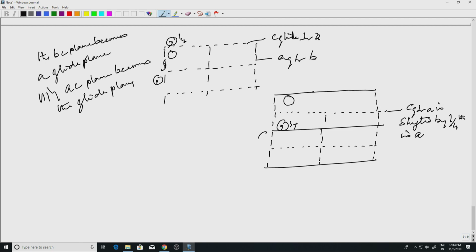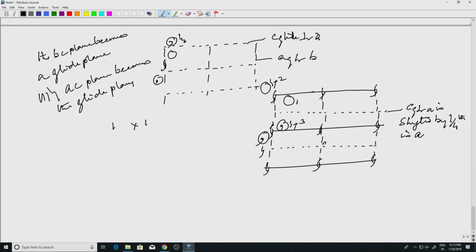This glide brings it here. Now we can see the 2-1 is getting generated here. So we get it here.